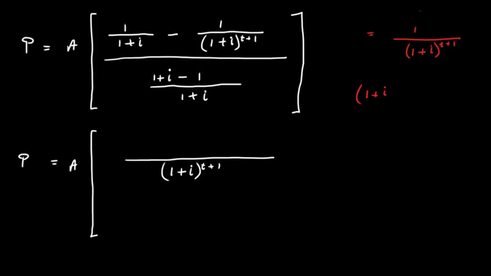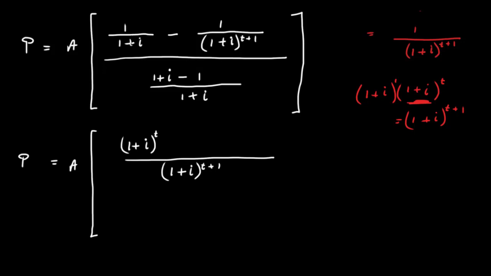Well, if I multiply that by (1 plus i) to the power of t, here I've got (1 plus i) to the power of 1, here I've got (1 plus i) to the power of t. That will give me (1 plus i) to the power of t plus 1. Again, add the two powers. So what I need to do is multiply the top by (1 plus i) to the power of t.